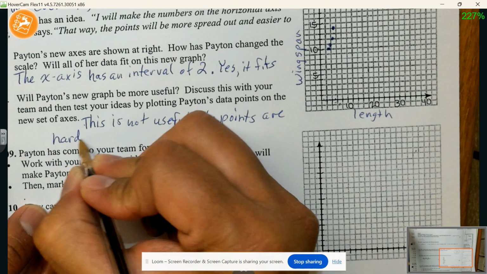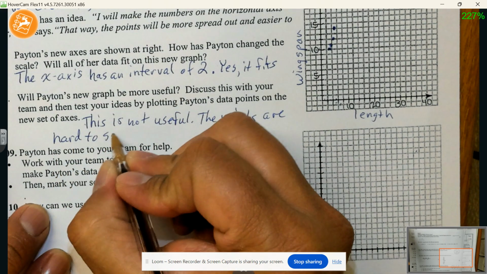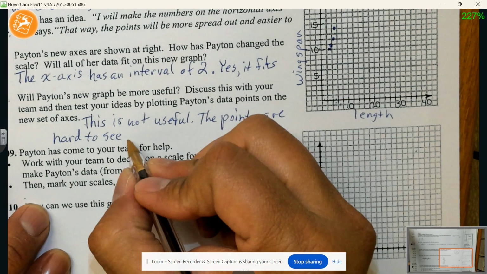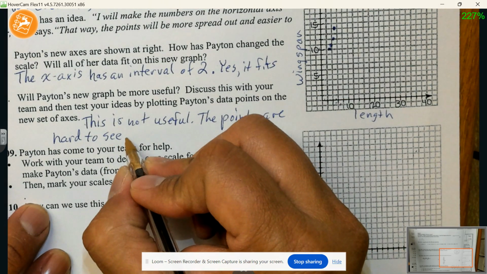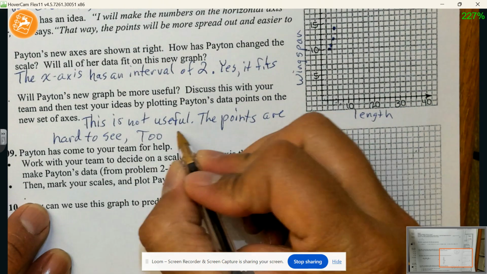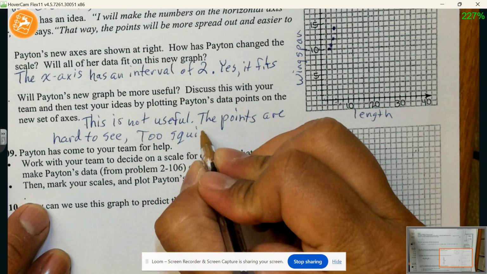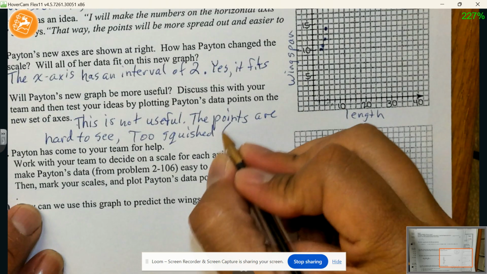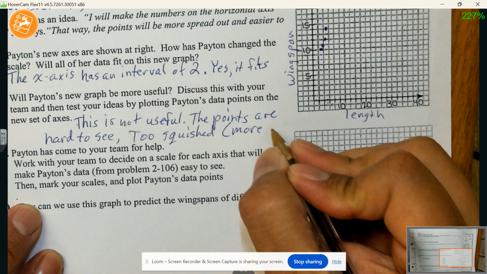There's 5 points there, and it only looks like there's 4. So it's hard to see. It is too squished. Okay, or we can say it's more squished, more than before.